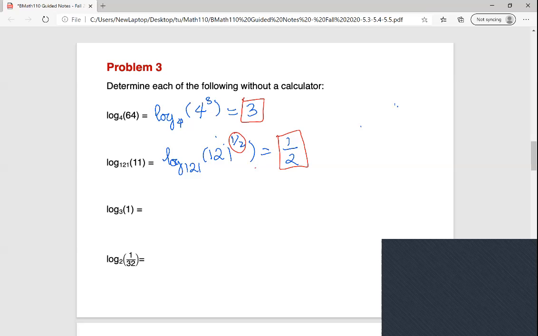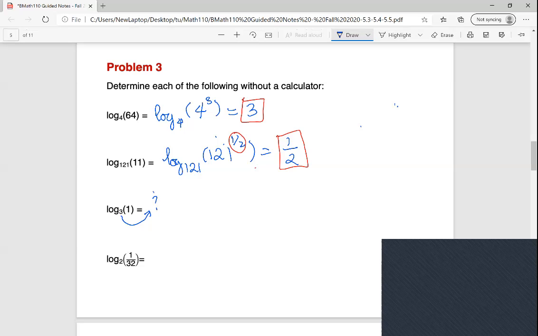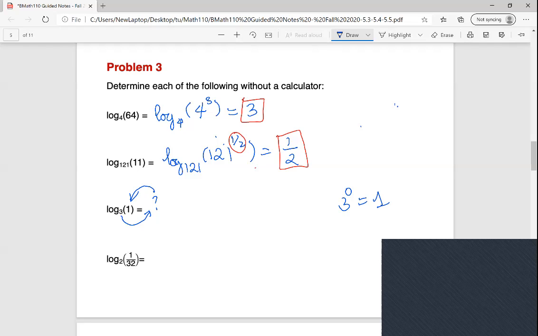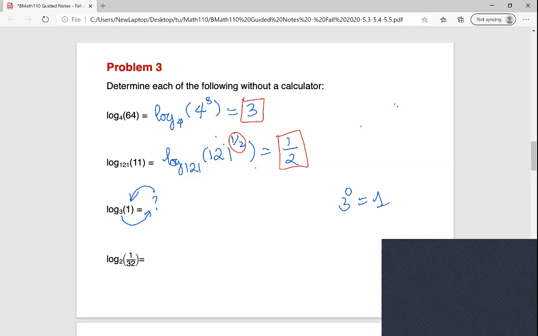Why can I say that, right? If I think about 3 raised to what equals 1, right? You can write by thinking, oh, 3 raised to 0 equals 1. There is only one way to make it equal to 1, so you have to make the exponent 0.